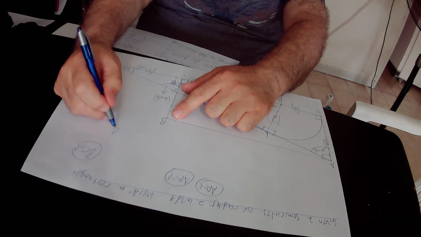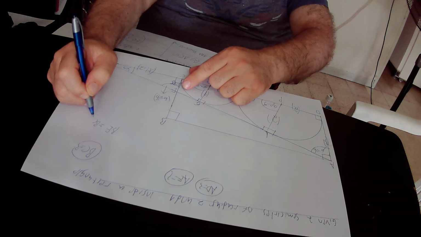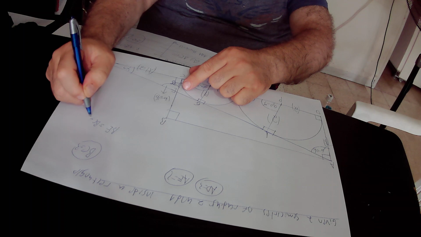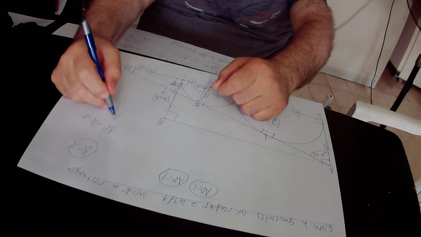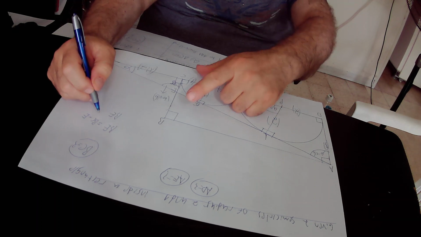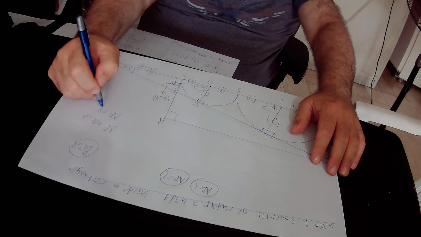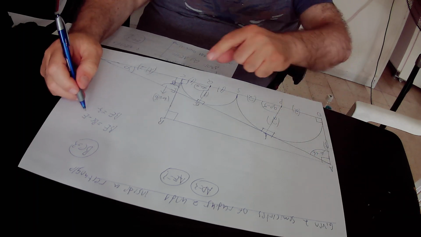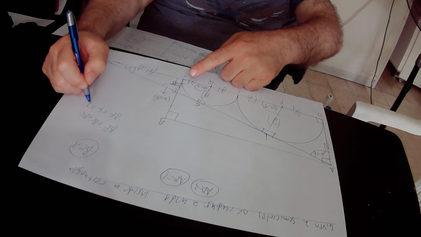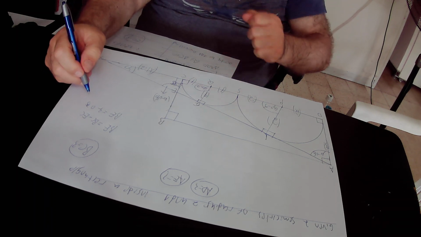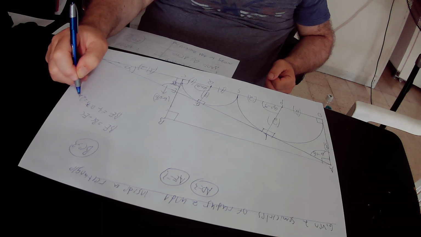BE must be equal to BC minus EC. BC is 3 minus EC. EC is 0.75. So in total, BE equals 3 minus 0.75, that is 2.25.